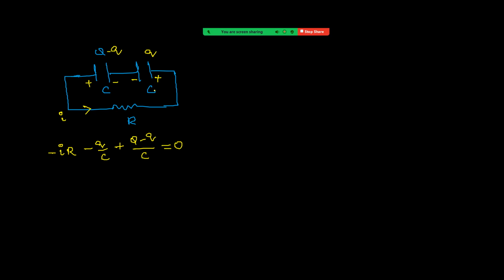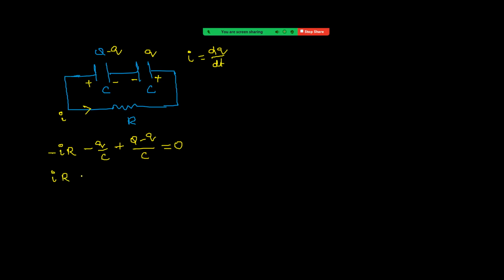Now simplify this. In this, current is nothing but dq by dt. It is the rate at which the second one is now charged. Okay. Now simplify this.